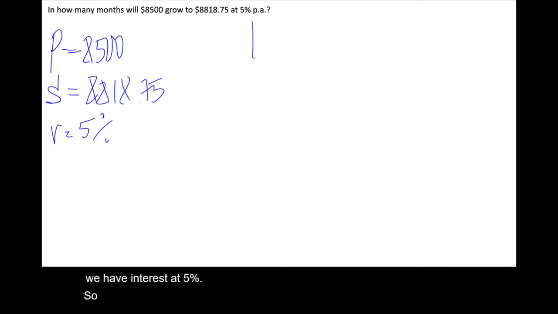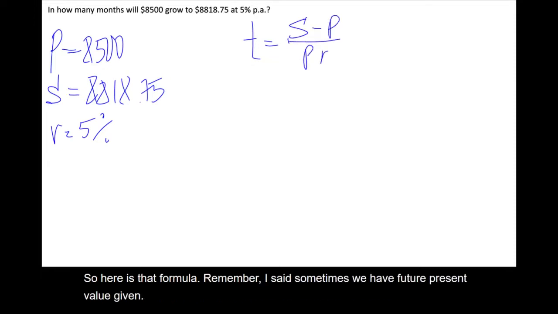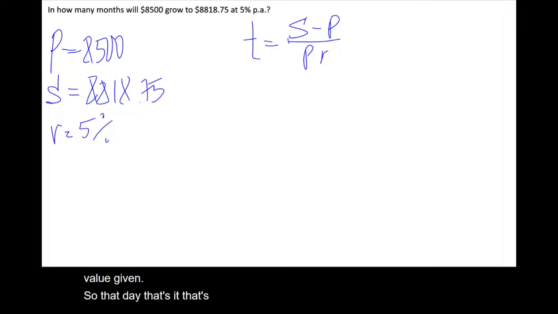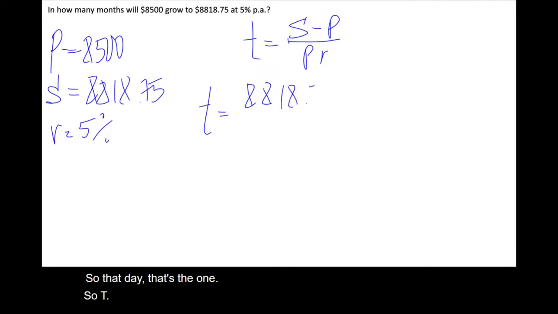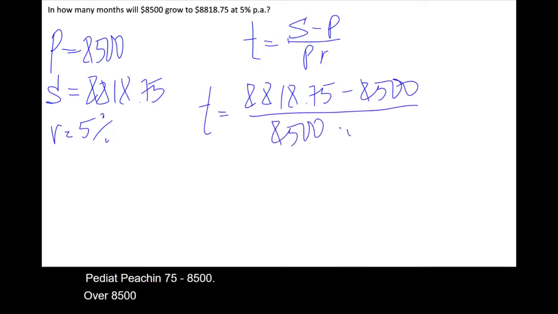Remember I said sometimes we have future and present value given. So that's the one. T equals 1875 minus 8500 over 8500 times 0.05.